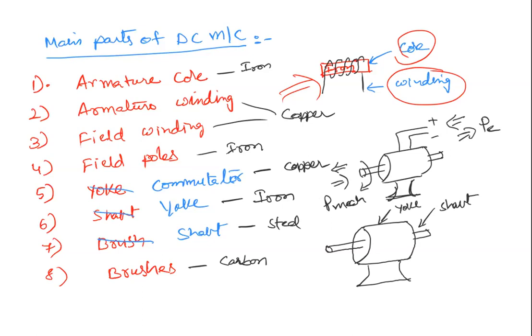Yoke is just a supporting hollow cylinder, inside of which the armature winding, armature core, field poles, field winding, and commutator are housed.